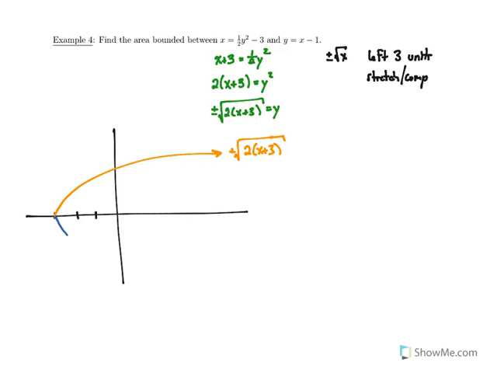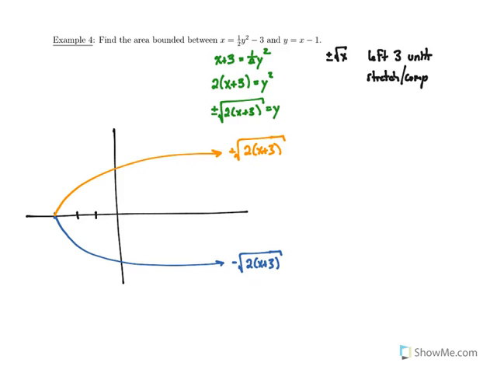And here is negative square root of 2 times x plus 3. The reason why it's written as x equals at the beginning is because it's kind of 2 different functions when we think about it in terms of y equals. We'll think about the x equals a little bit later.